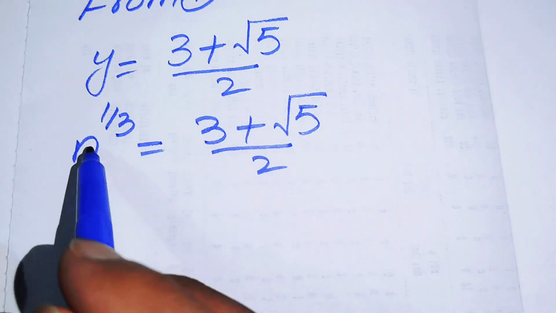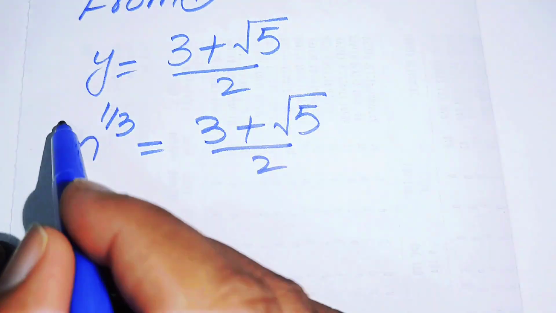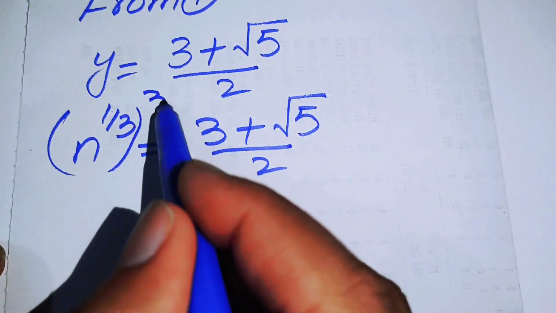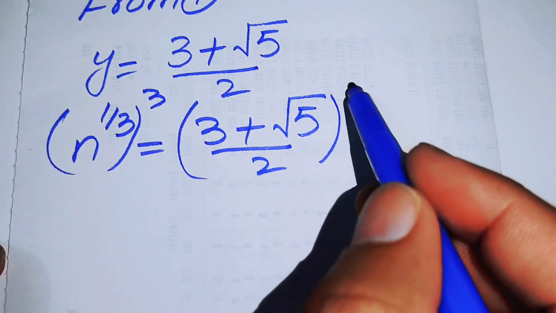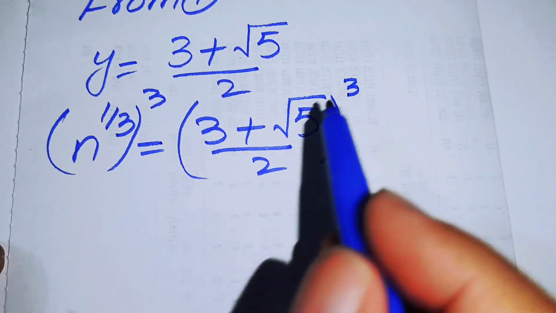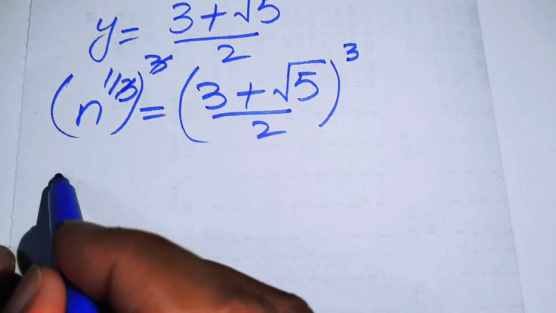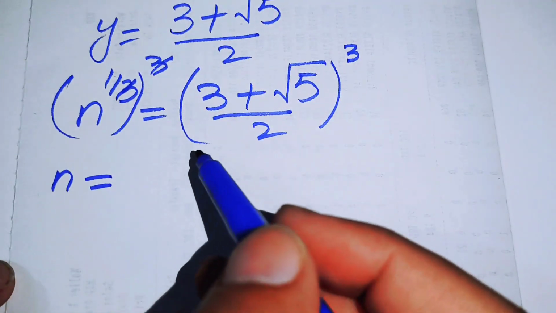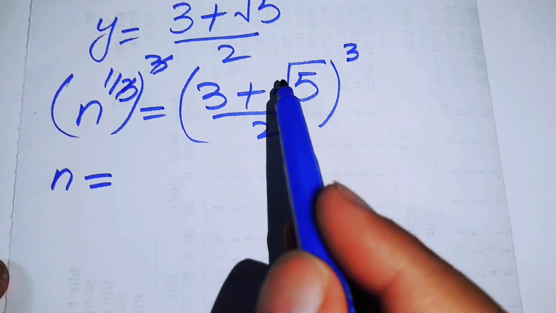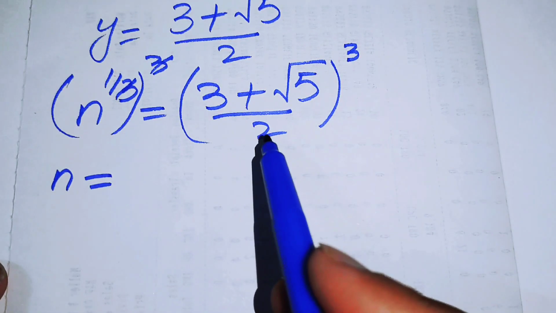So now in order to remove this power 1 over 3, we will take the cube on both of the sides, so these two terms are gone, and here you get n equals, now you can take the cube on the upper term as well as the lower term.